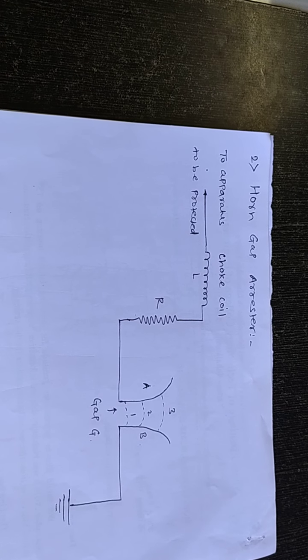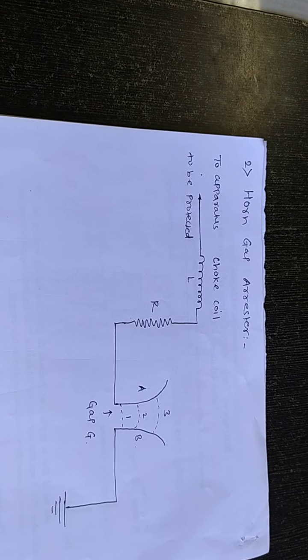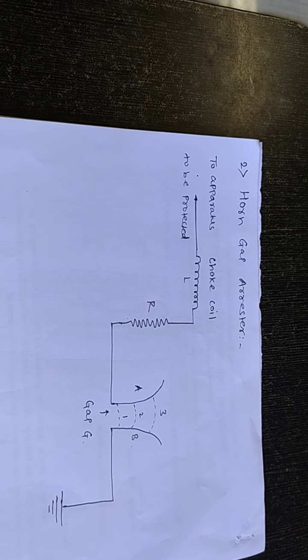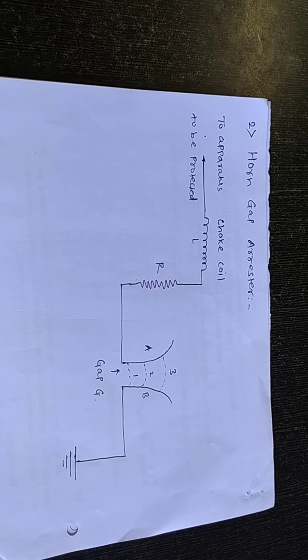The resistance R helps to limit the current to a small value, and the choke coil is designed to offer a small reactance at normal power frequency and high reactance at transient frequency. Under normal condition, the gap is non-conductive.